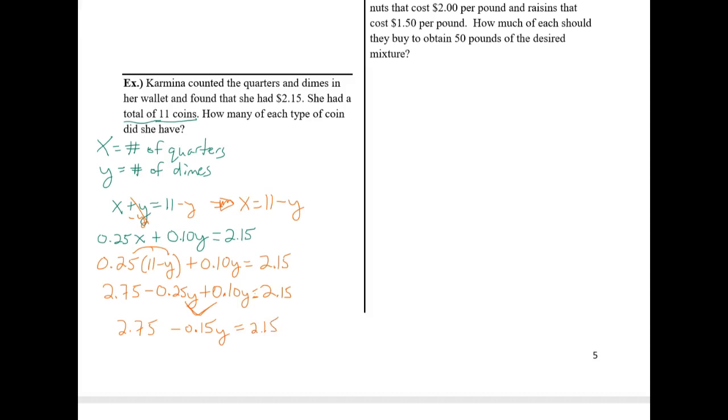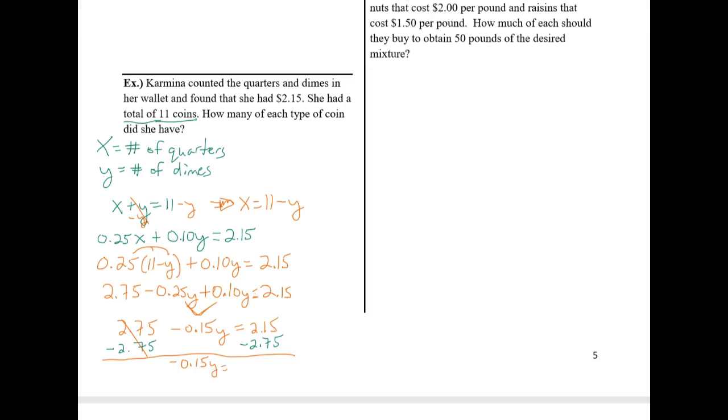Again, I want to get y alone, so I need to get rid of that constant. So I subtract 2.75 from both sides, trying to get the variable alone. Now this is 0. I bring down my negative 0.15y, don't lose the negative.